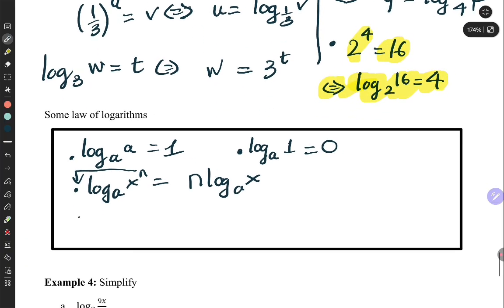You can do a couple of operations with logarithm, such as adding. So x and y. If you want to add two logarithms, first thing they have to be the same base.